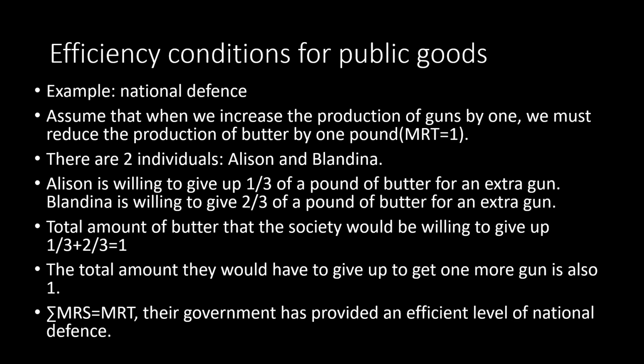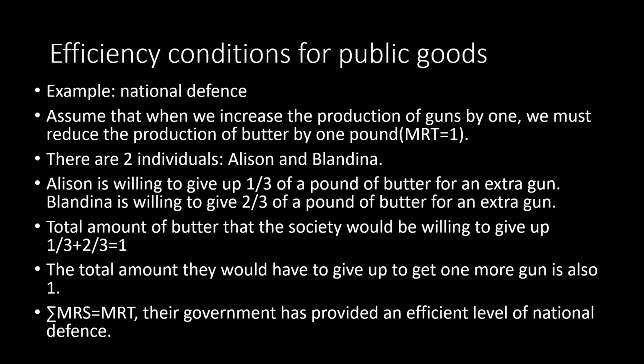So we've used an example of national defense. Assume that when we increase the production of guns by 1, we must reduce the production of butter by 1 pound. We've got 2 individuals, Alison and Blandina. Alison is willing to give up 1/3 of a pound of butter for an extra gun, while Blandina is willing to give up 2/3 of a pound of butter for an extra gun.